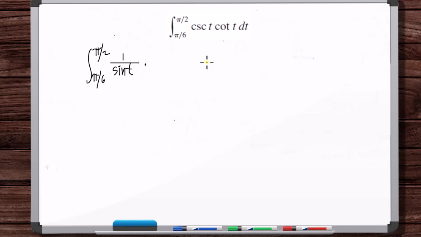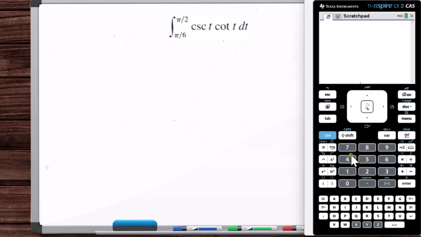Cotangent is 1 over tangent t, which is cosine t over sine t. So how are they expecting us to do this? I mean, we're going to learn how to find antiderivatives and integrate. That's what a lot of the upcoming chapters are all about. But okay, so the derivative of cosecant or cotangent must be something that works here.